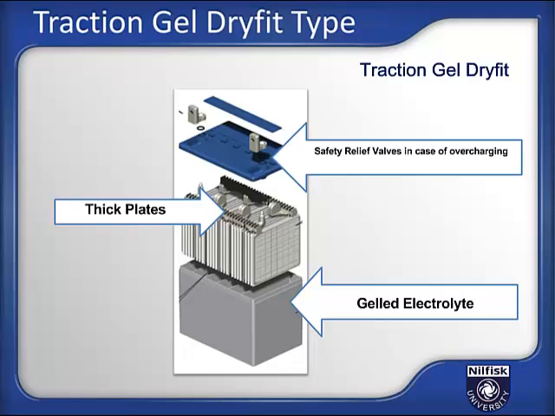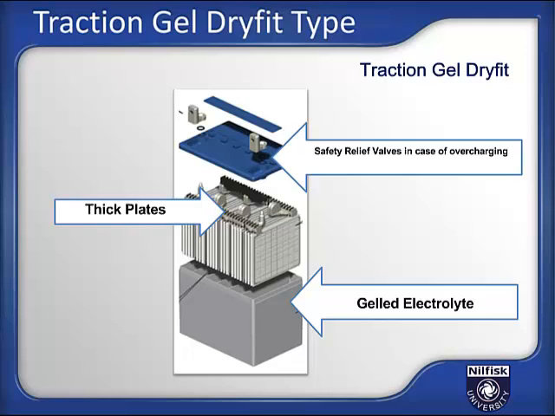So the Traction Gel Dryfit immobilizes the electrolyte with the same technology as regular gel by gelling it with silica gel. Compared with the flooded lead acid cell, gel batteries offer maintenance-free and health and safety advantages. The issue with Traction Gel Dryfit when using this technology in a deep cycling application is that it requires charging at slower rates.